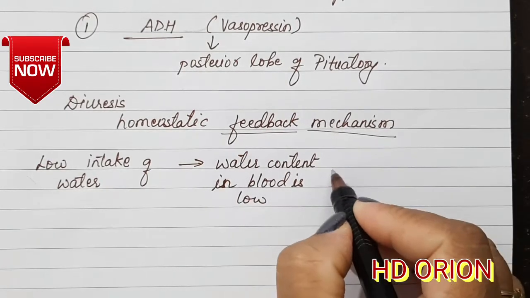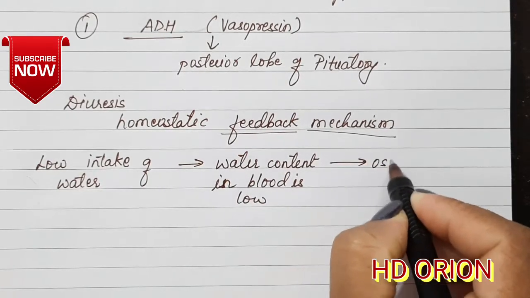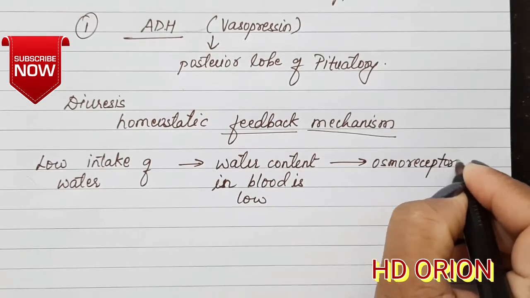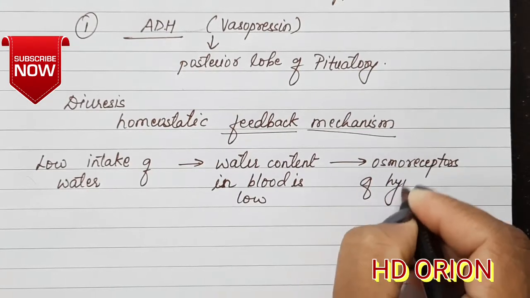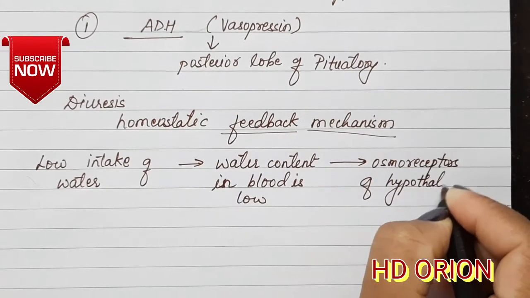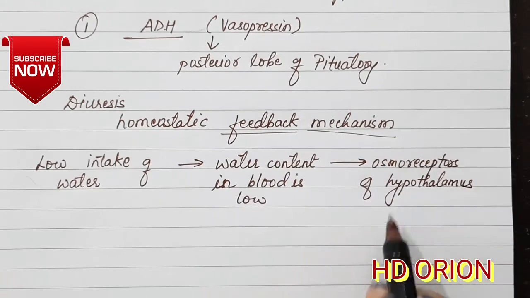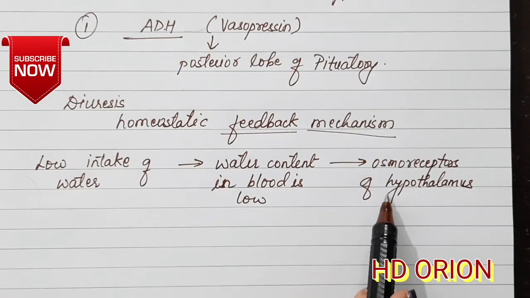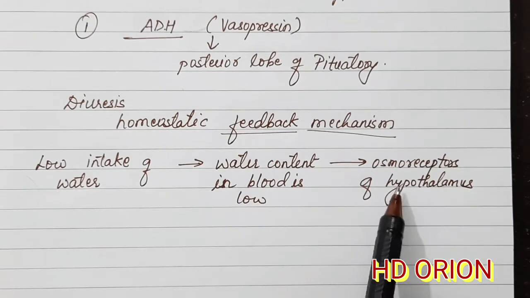And thus this is received by the osmoreceptors of hypothalamus. We know that hypothalamus is a part of the brain, and from the hypothalamus the stalk called infundibulum is attached, and to the infundibulum the pituitary gland is attached. So hypothalamus and pituitary are attached by the infundibulum.